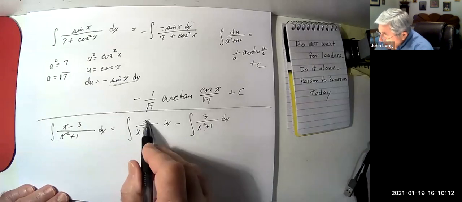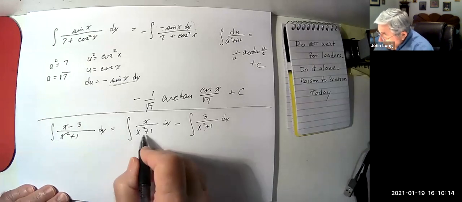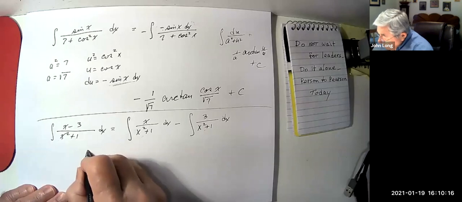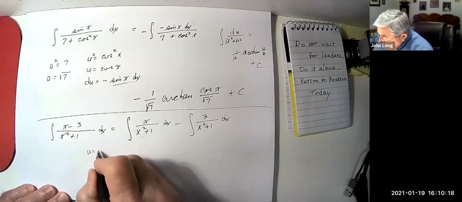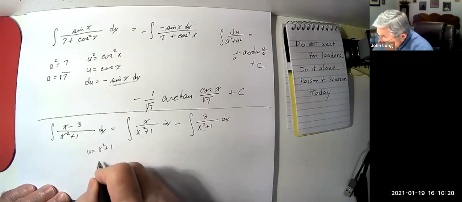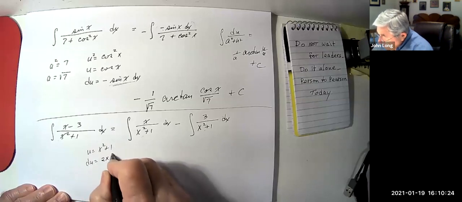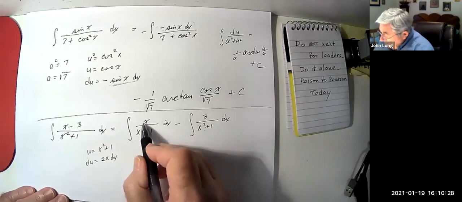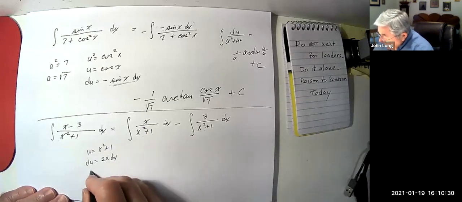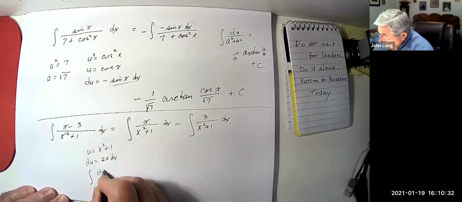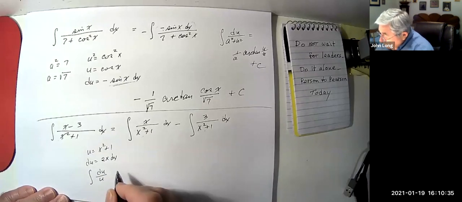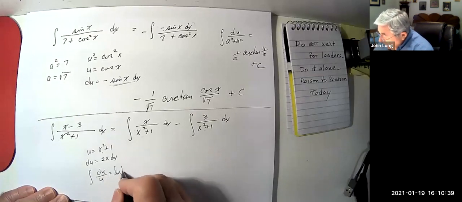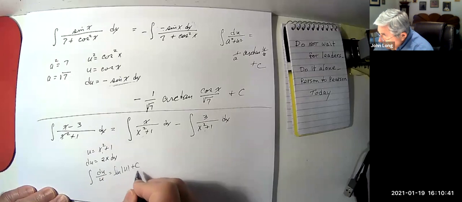And here's what we're going to have to do. We're going to have to look at this differently. In this case, we're going to let our u be the whole denominator, because then du is 2x dx. And you see, we can make this fit the form of the integral of du over u, which is ln absolute value of u.